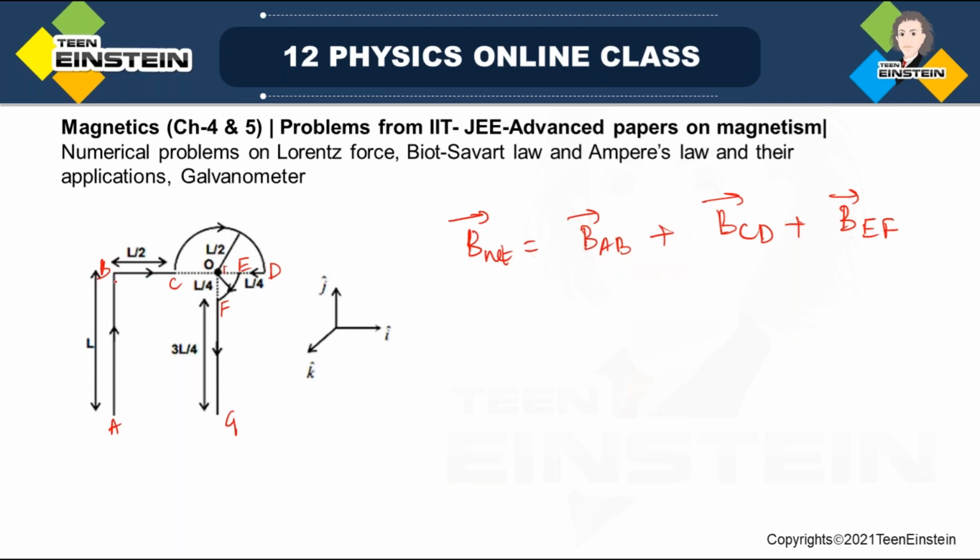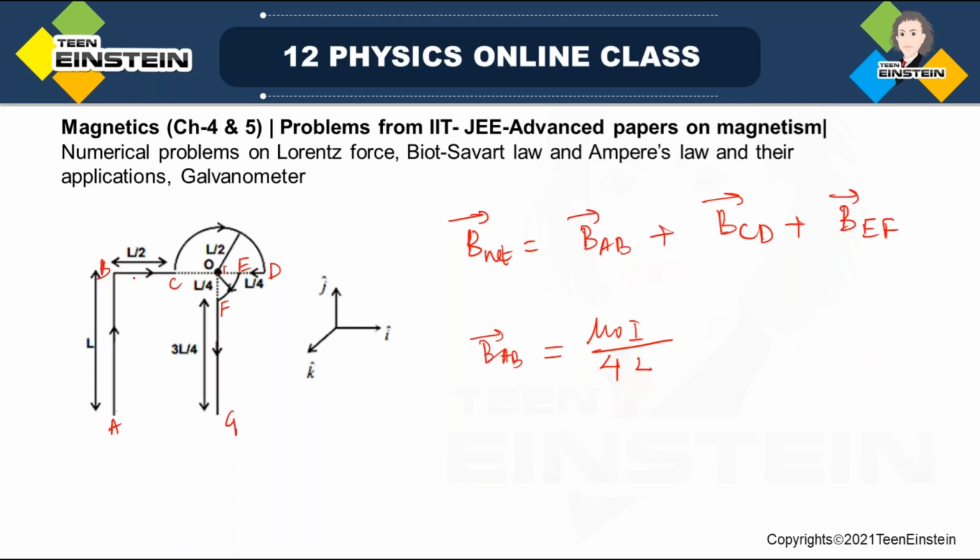Now look, see, this is a finite wire. You can see that this is a finite wire, and at the end point of the wire we need to find out the magnetic field. So how do you get that? This B_AB, you know this formula, you might know this, mu by 4 pi, and then L is the distance between this.